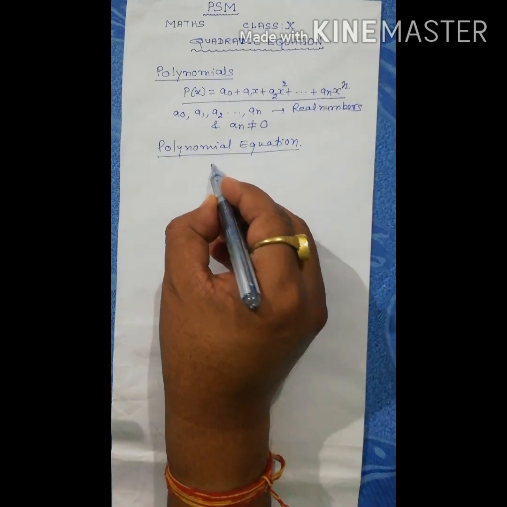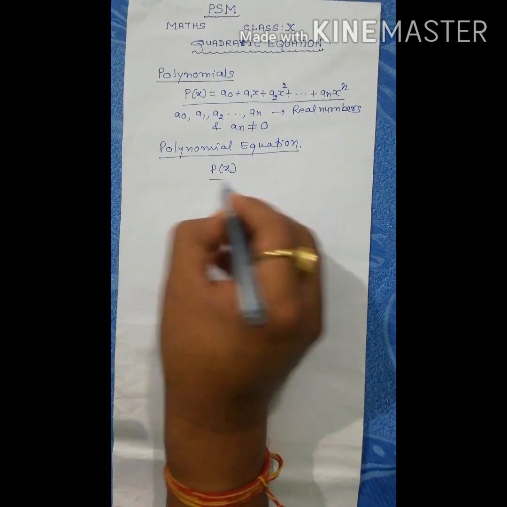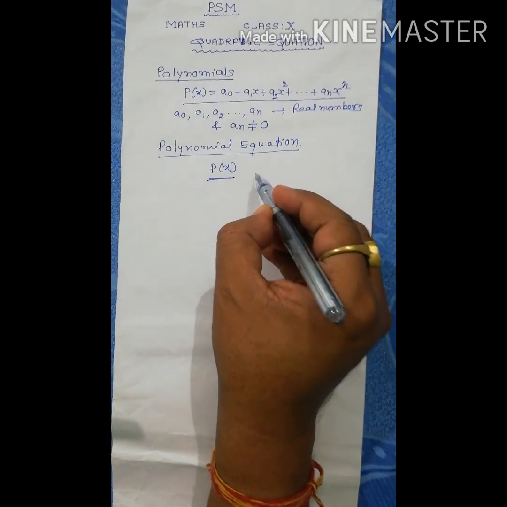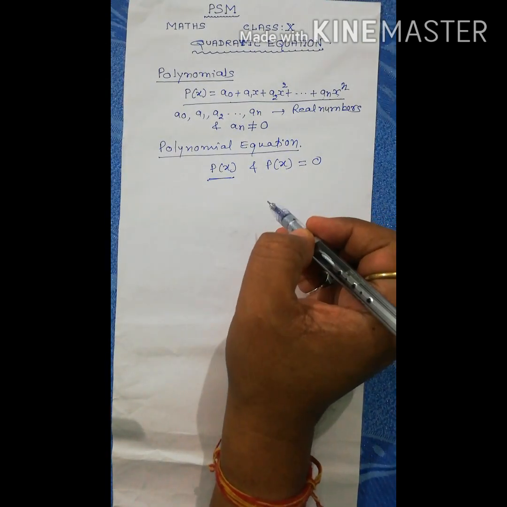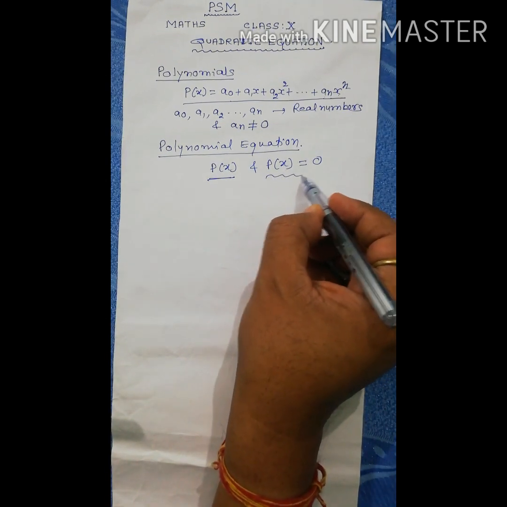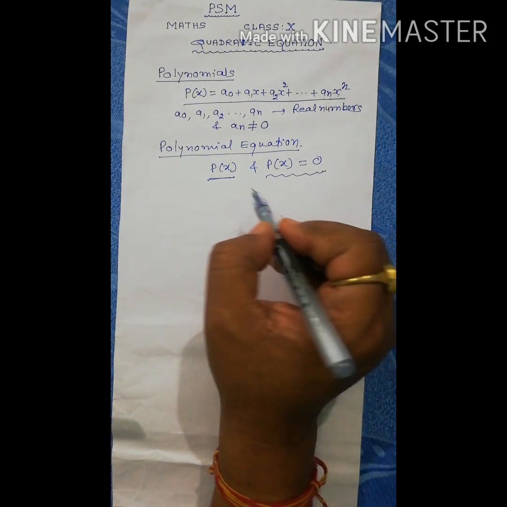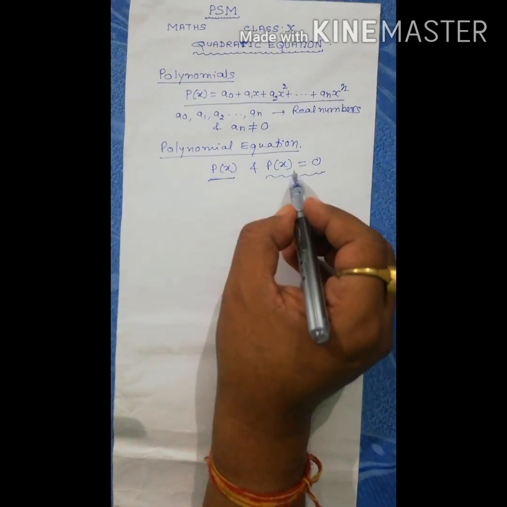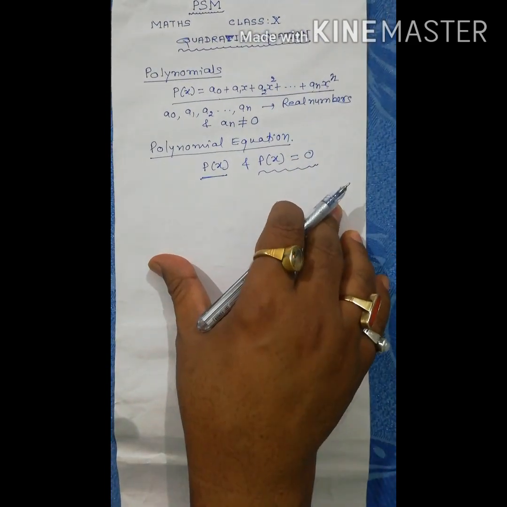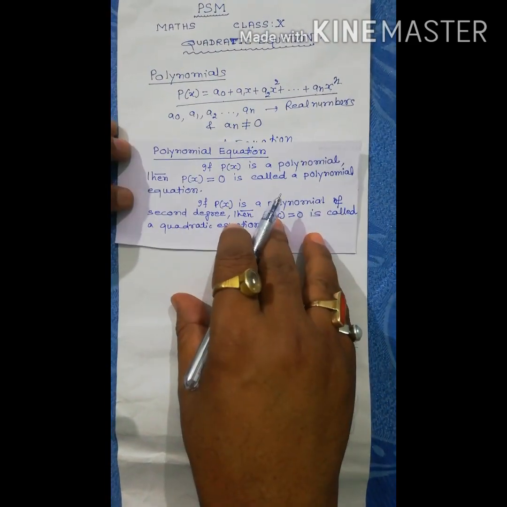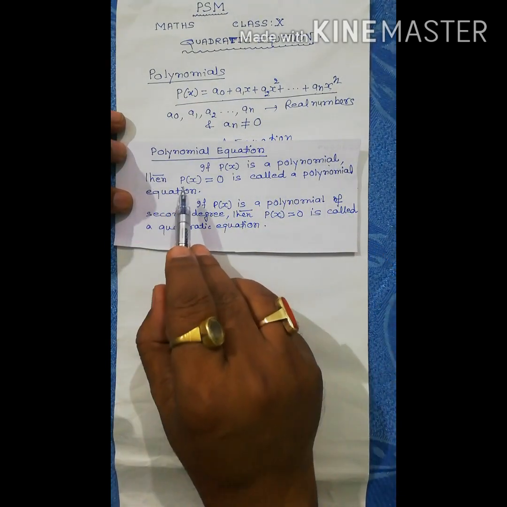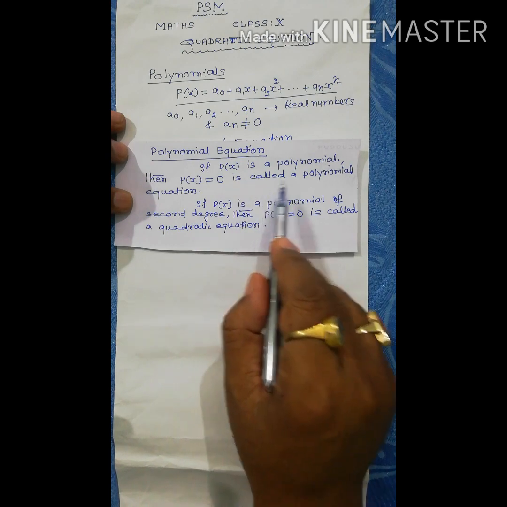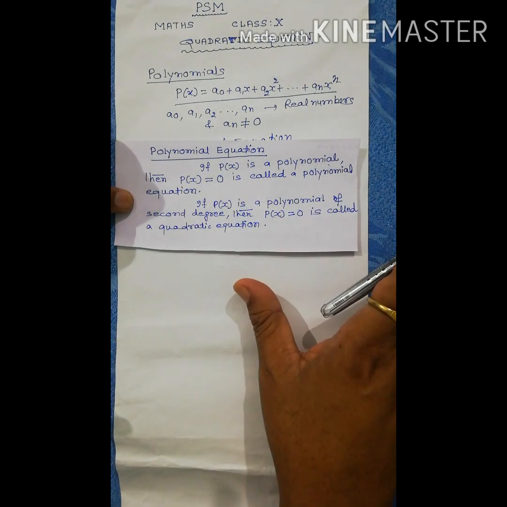If p(x) is a polynomial and p(x) = 0, then p(x) = 0 is called a polynomial equation.